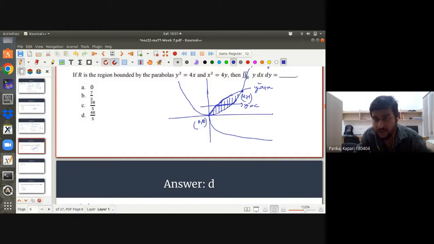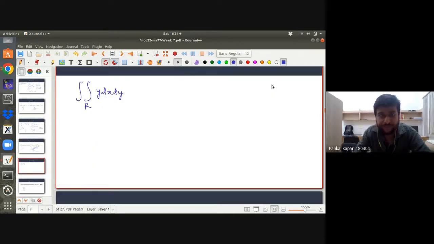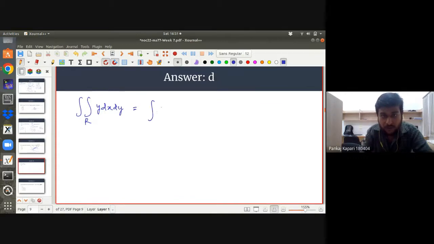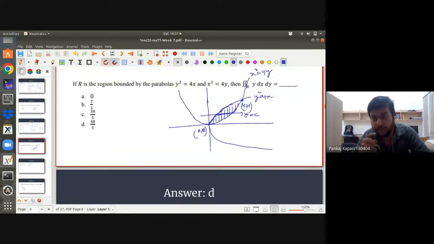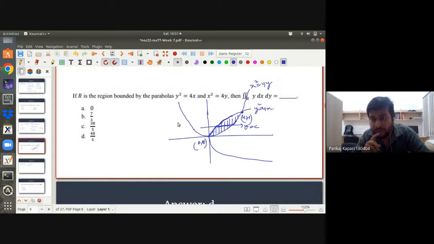Okay, so this is our first curve. In this first curve, what are the limits of x? So x varies from y squared by 4. So the lower limit is y squared by 4. What is our upper limit?